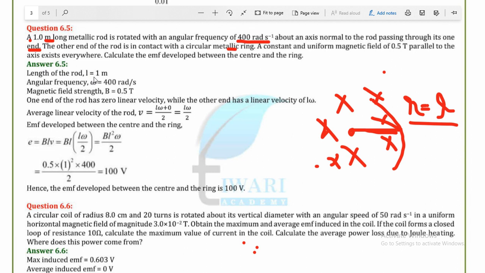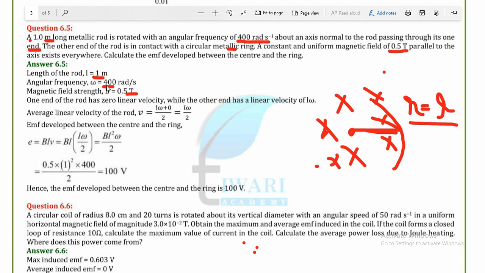The length is 1 meter, then omega is 400 radian per second. You can see the magnitude of magnetic field is given here, that is 0.5 Tesla. So these quantities are given here.